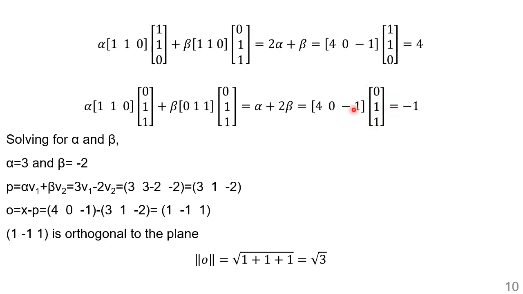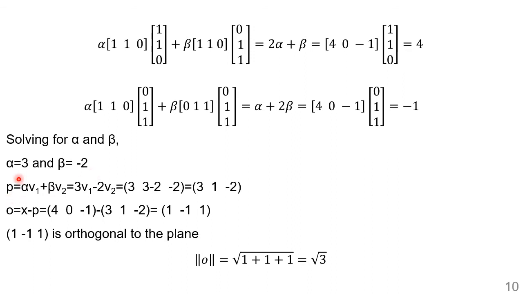So x transpose v2 is given by minus 1. We have two equations here. First equation is 2 alpha plus beta equal to 4. Second equation is alpha plus 2 beta is equal to minus 1. We need to solve for alpha and beta. Solving these two equations, we get alpha equal to 3, beta is equal to minus 2.